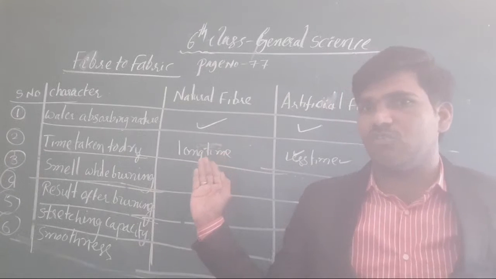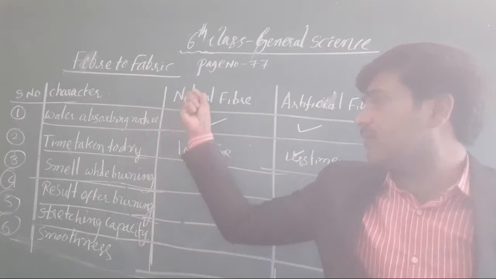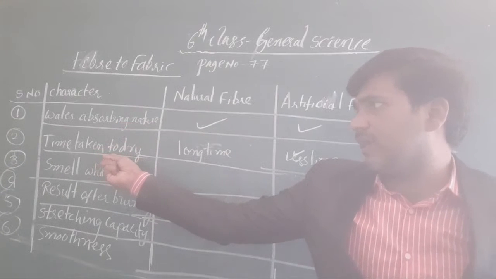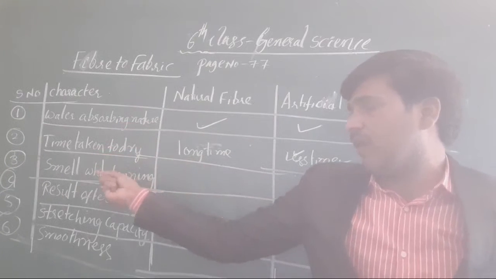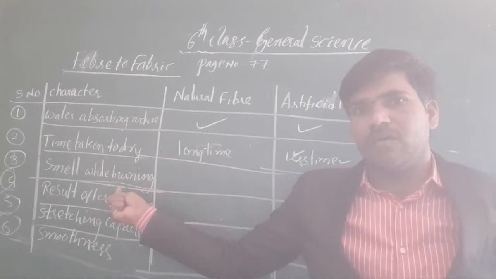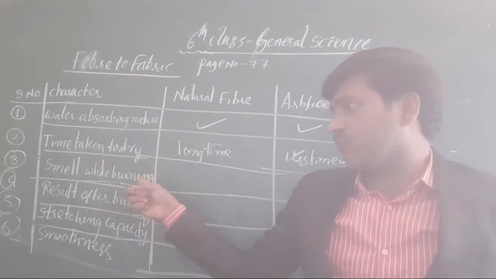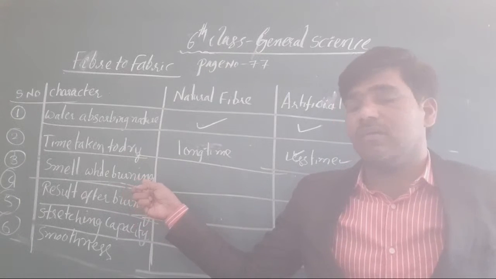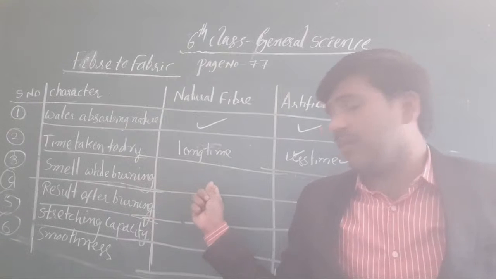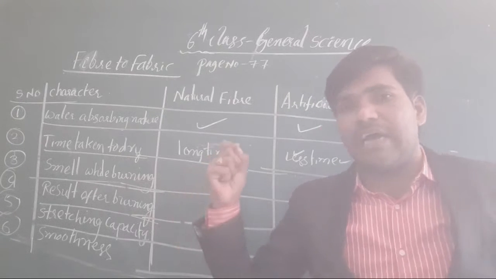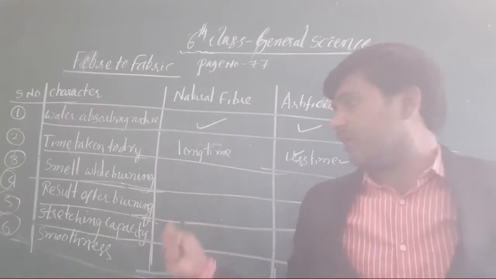I hope you understood. Natural fibers have the characteristic of water absorbing, they take a long time to dry, and while burning they look like paper, and after burning ash-like things come from them.